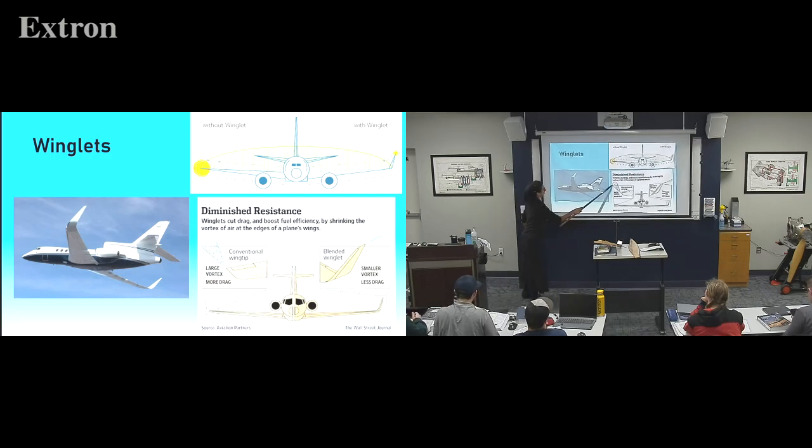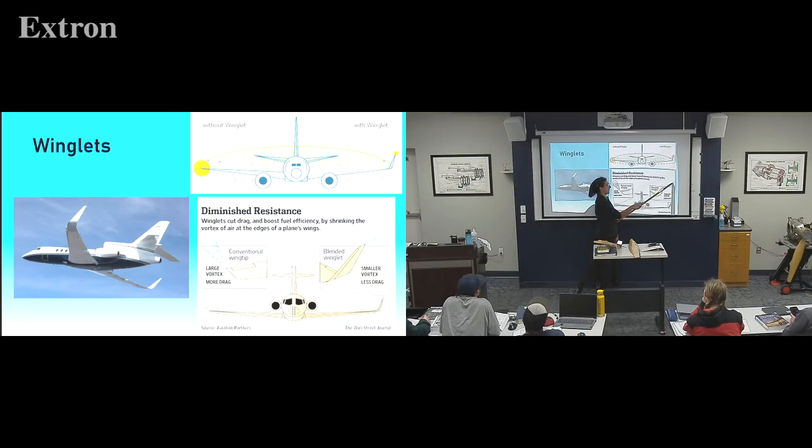So, we can put things called winglets on the end of our wings to help control that departure of low and high pressure air. And we still have little baby vortices, but they're not going to be as big of a negative effect as the large ones. So that is why you'll see winglets.